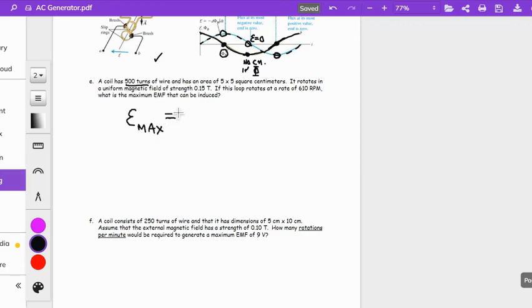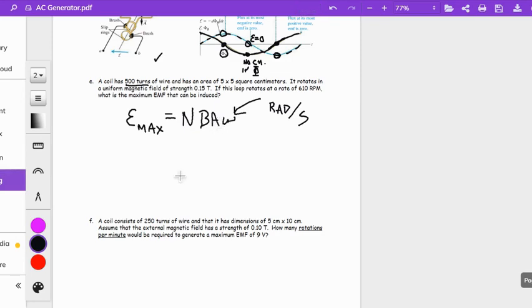So remember before how we said that Emax was equal to B times A times omega? Well, now we're going to throw in the number of turns out in front, okay, to make that work. One thing I'll point out here is that when you use this formula, you absolutely need to express omega in radians per second. Absolutely. Okay. And that allows the units to work out for other things here, because what you want to end up with are units which end up being volts.